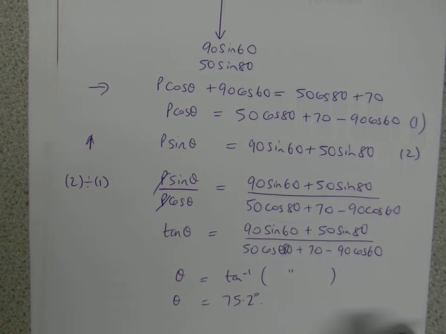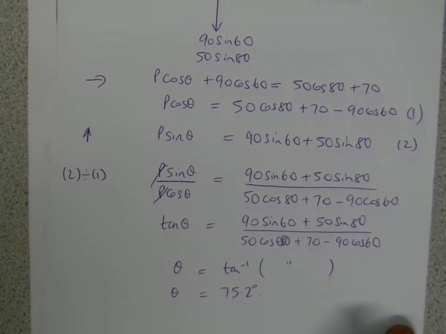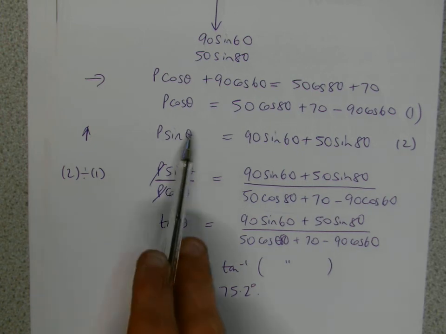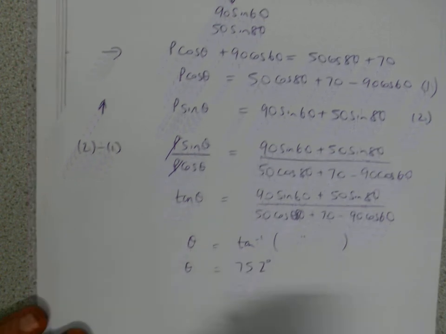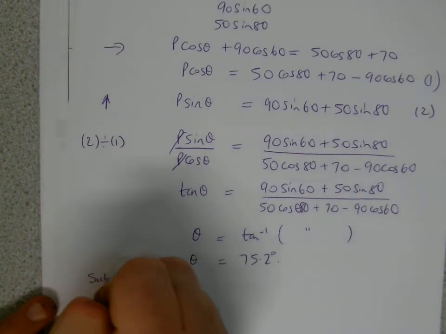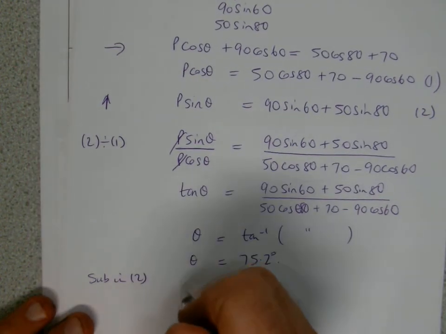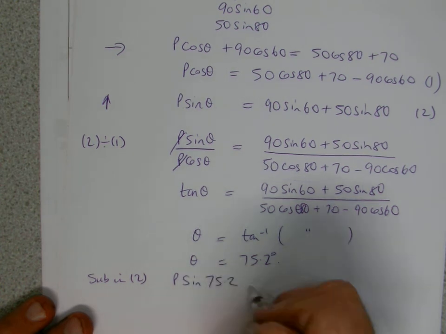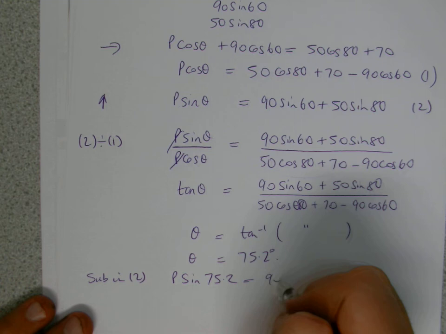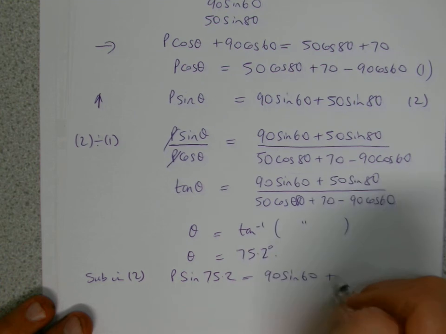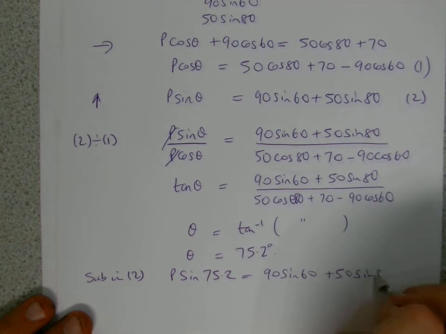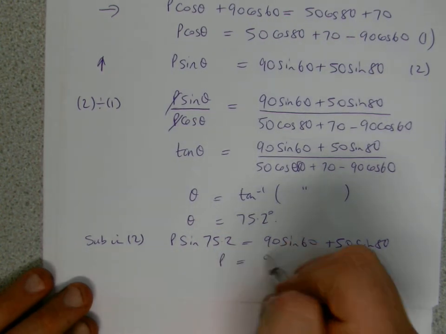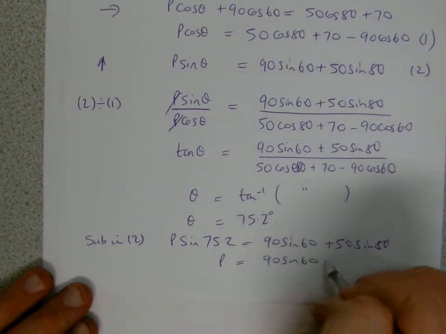Now I've got that, there are a couple of ways you could work out P. We could just sub it in, that would be the quick way. So you could just sub into equation 2. You'd have P sine 75.2 equals 90 sine 60 plus 50 sine 80, and then to get P, you just take it over to the side.